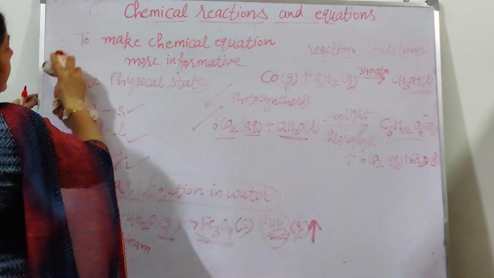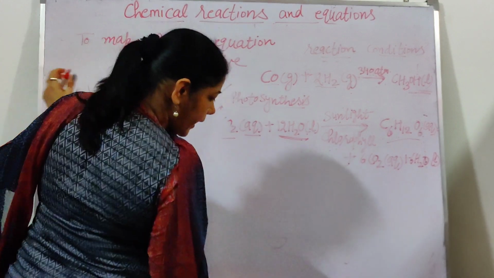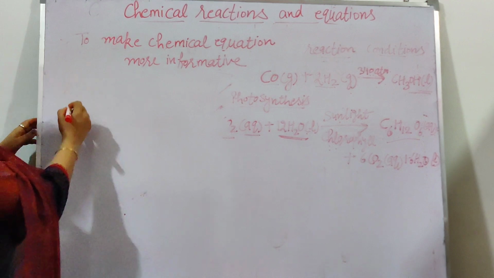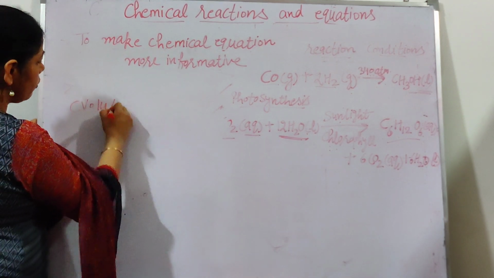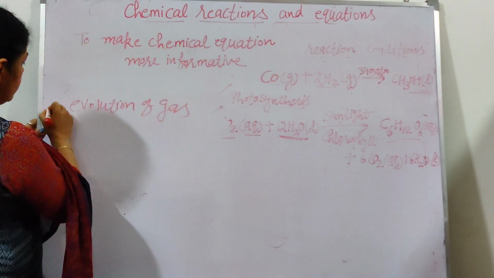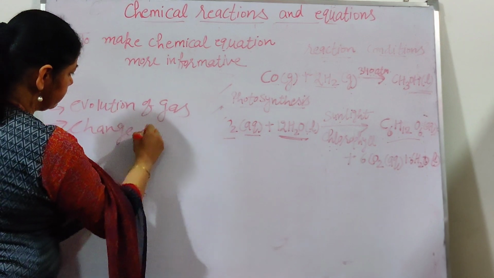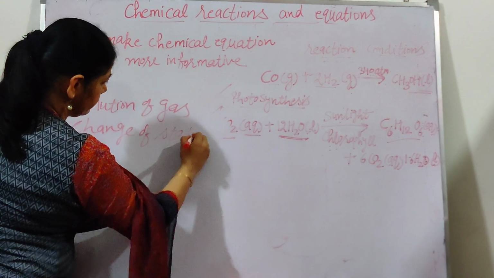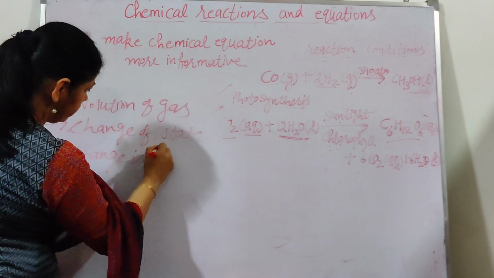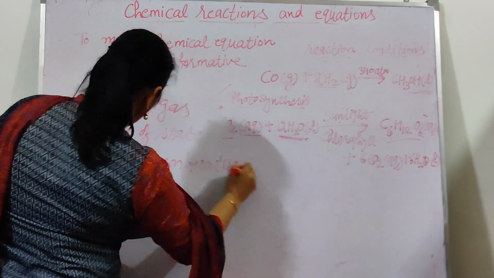Now one more thing: whenever a chemical reaction takes place, a few changes take place. Sometimes there is an evolution of gas, change of state, change in temperature, and sometimes change in color.